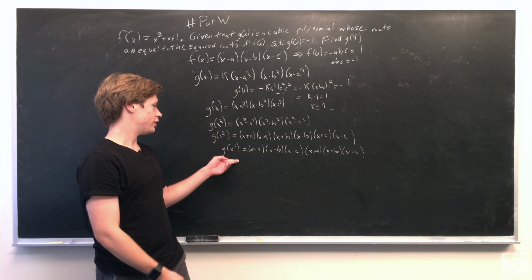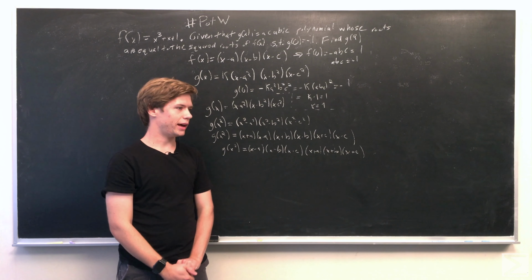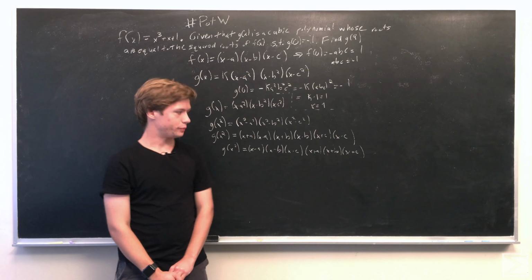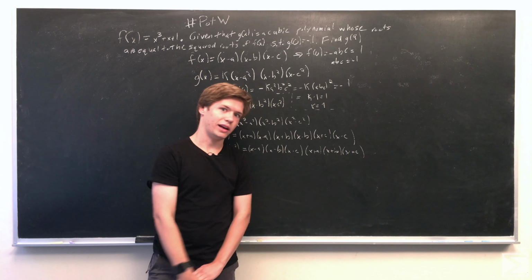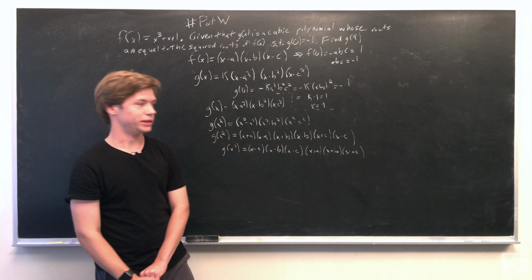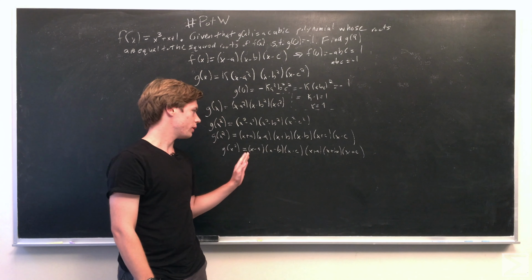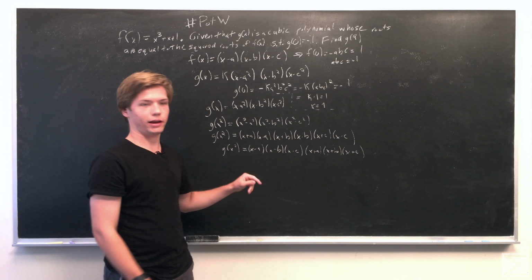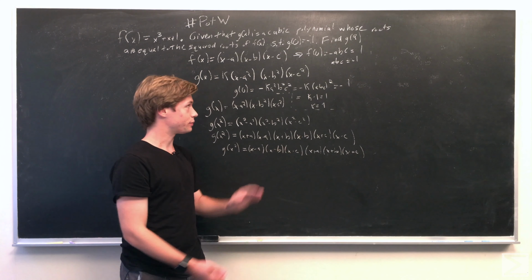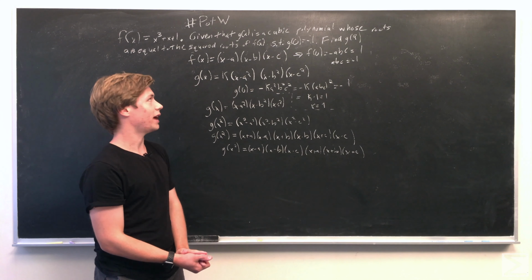And so we see that g of x squared is equal to x minus a times x minus b times x minus c times x plus a times x plus b times x plus c. The first three terms are x minus a, x minus b, x minus c, and as you can see, that's equal to the original value of f of x that we found. So we can plug that in.